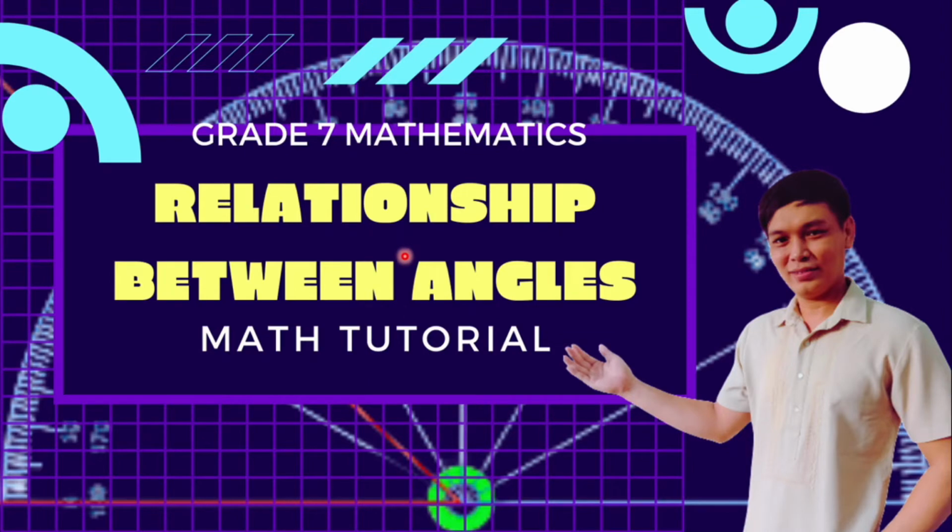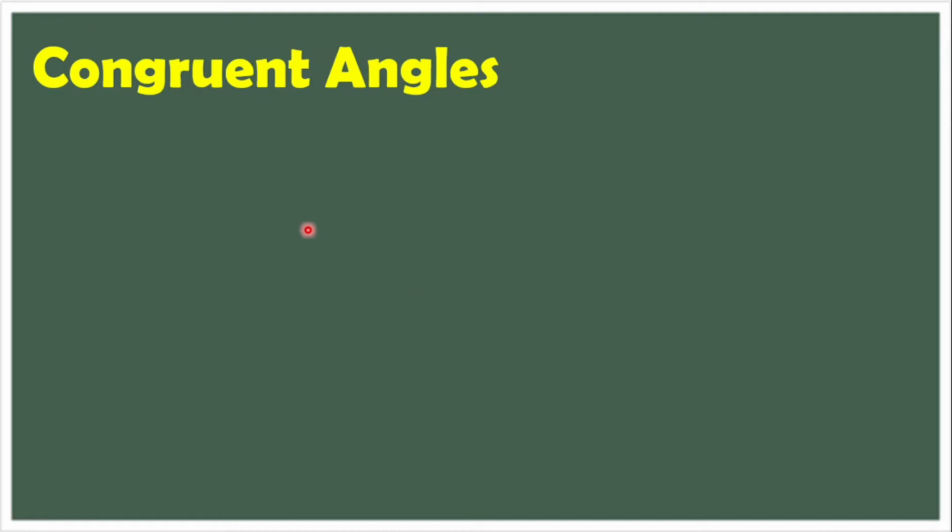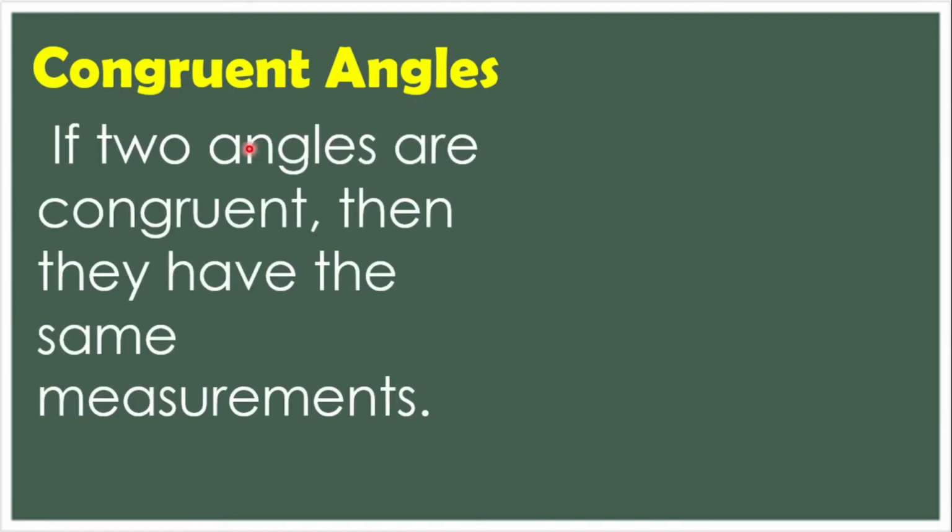So, since na-discuss na natin yung mga different kinds of angle, let us know the relationship in different angles. So first, let's have congruent angles. So what is the theorem in congruent angles? If two angles are congruent, then they have the same measurements.